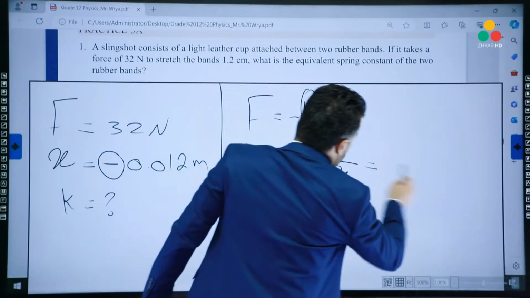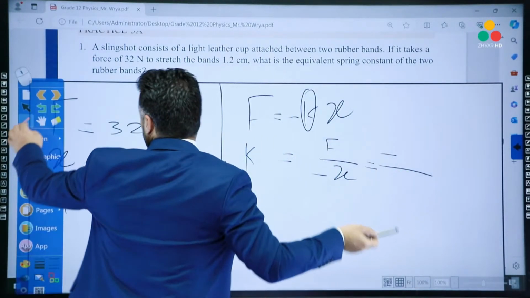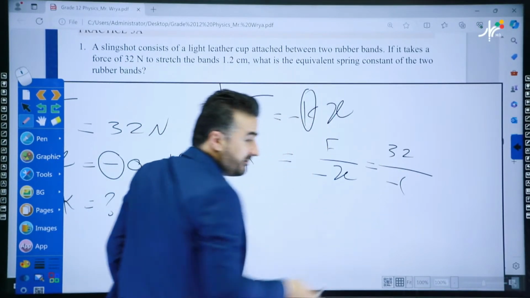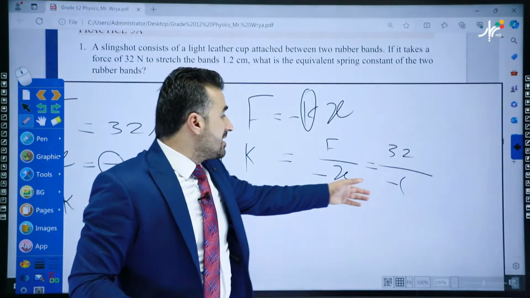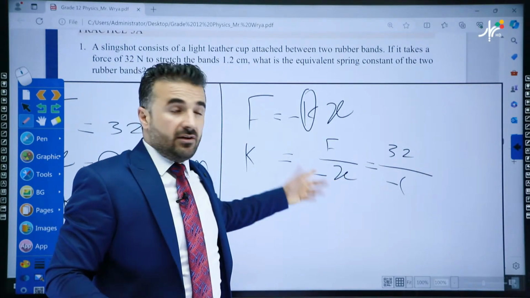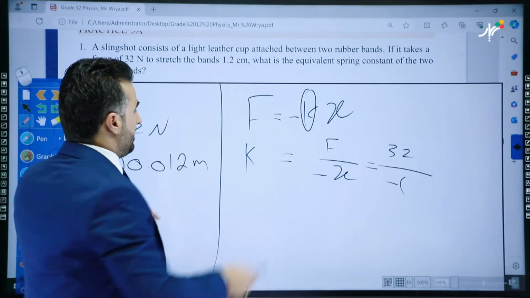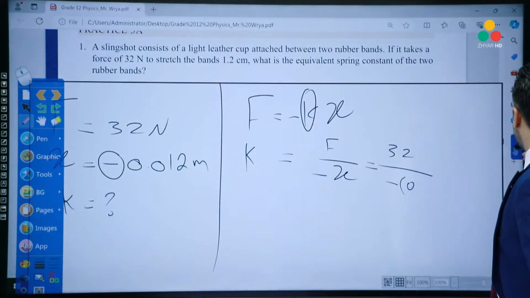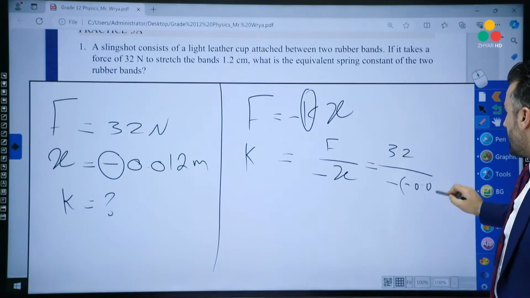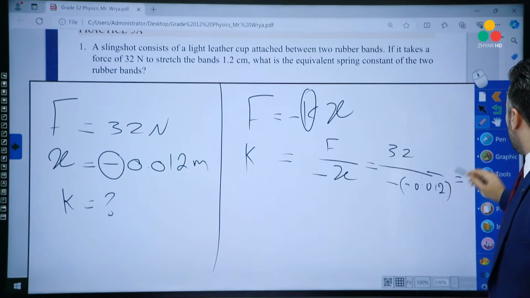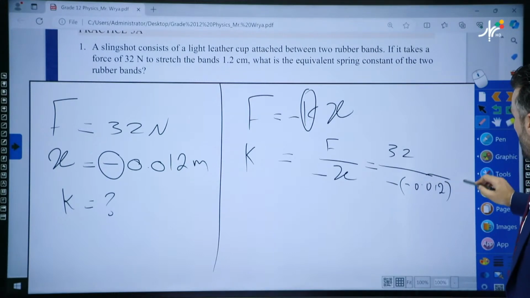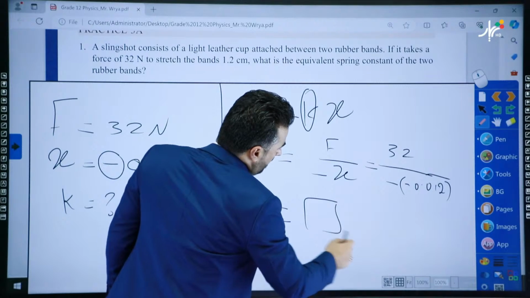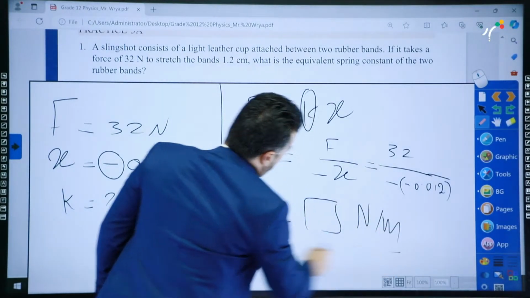F is 32 newtons, divided by negative x, remember, x will be negative regardless, so it's going to be negative 0.012. And of course, use a calculator and tell us what is the answer there. So K will equal this much newton per meter.